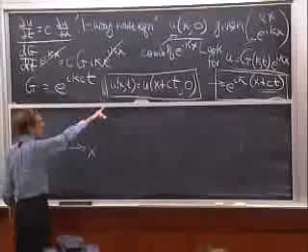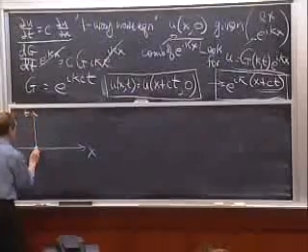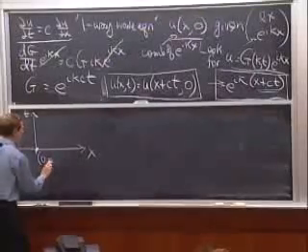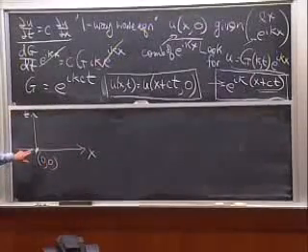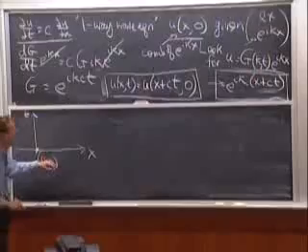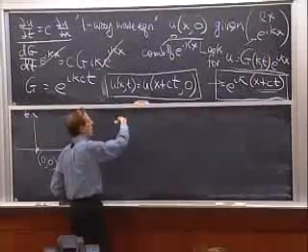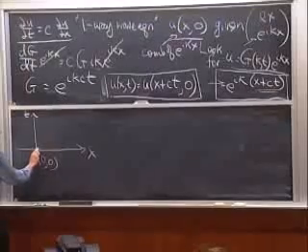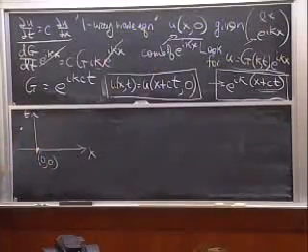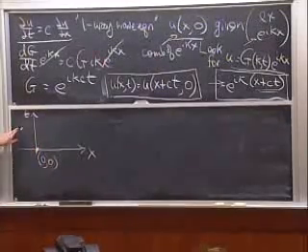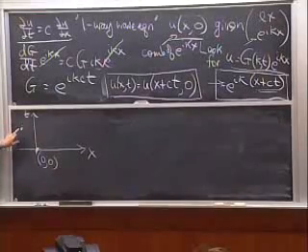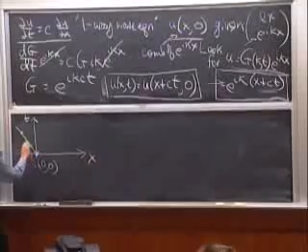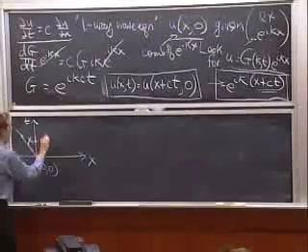This means that the value, for example, u of 0, 0. So there's the point 0, 0. Here's what's happening at a later time, say up here. This is the line x plus ct equals 0.